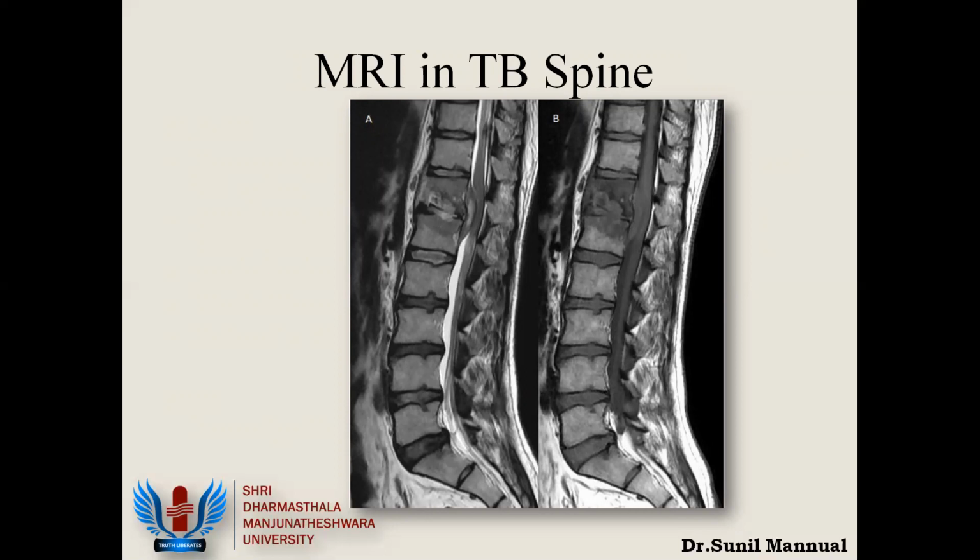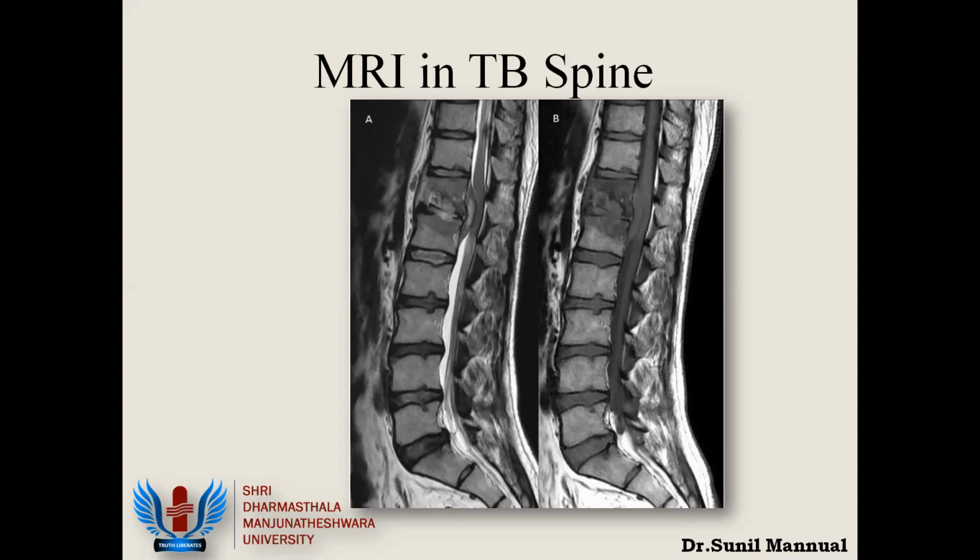In fact, in slide number 18, this patient would have had literally a normal X-ray with a little bit of narrowing of the intervertebral disc. Of course, because there is a good amount of pressure on the spinal cord, if you were not careful, you would have even missed the neurological deficit. So this is where MRI is of paramount importance.